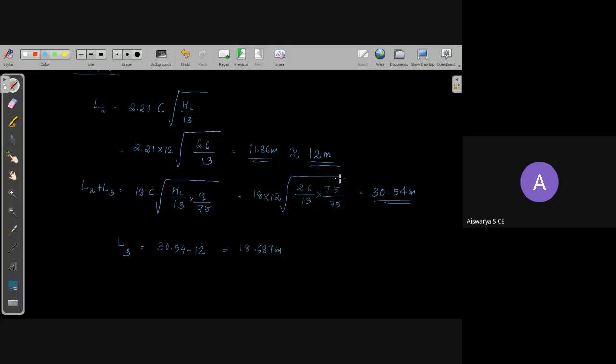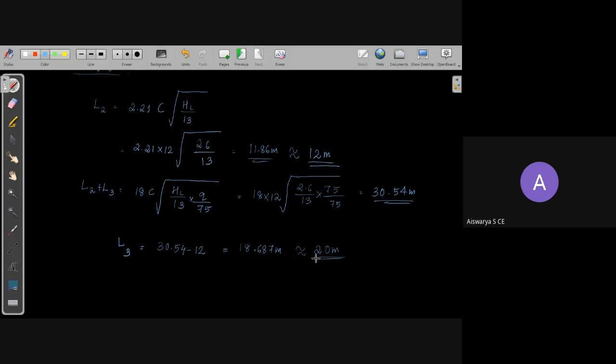From this L2 plus L3, first find out L3, then we can round off. Now it is 18.68. Round off this value not to 19 meter, but to 20 meter, because it is the nearest convenient value. Accordingly, when we design, we can round off according to our convenience. If we are measuring a distance of 19 meter, it is better to provide a 20 meter length.